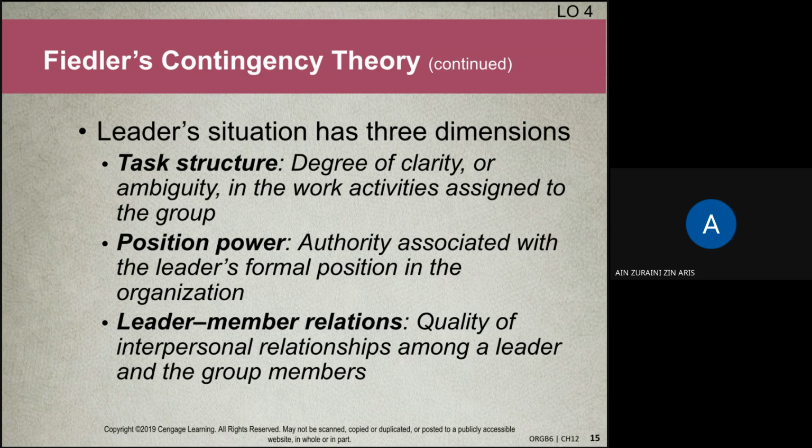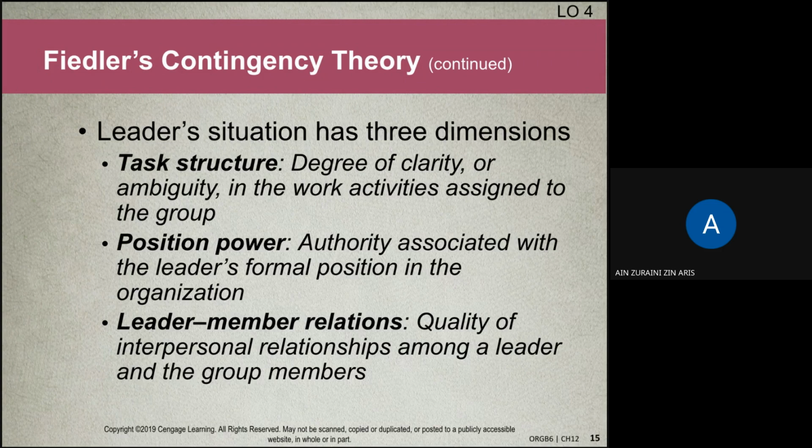Right. Okay, so lastly, we have leader-member relations. So this is probably the most important of the three dimensions. It refers to the quality of the interpersonal relationships between the leader and the members of the group. Okay, so are the relationships built on trust, respect, and cooperation?